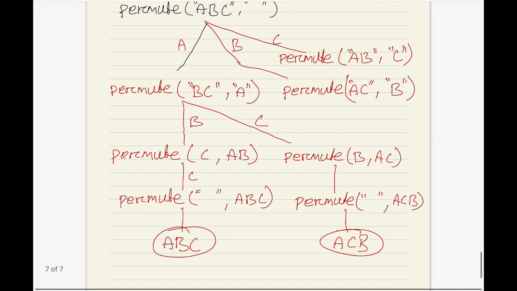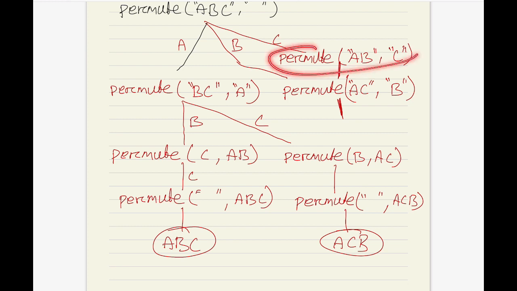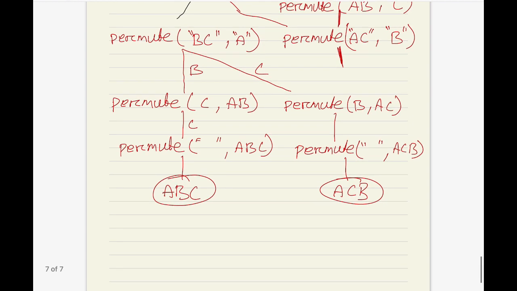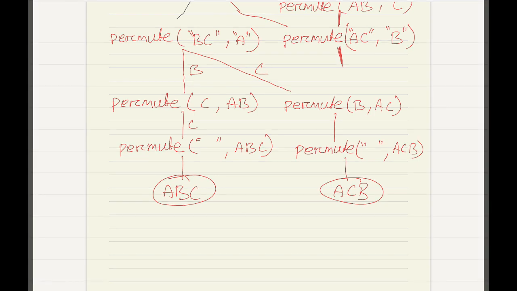Similarly we can expand this permute ACB, similarly we can expand this permute ABC, or this one you can expand, and this one you can expand and print all the possible permutations. We can code the program like this.